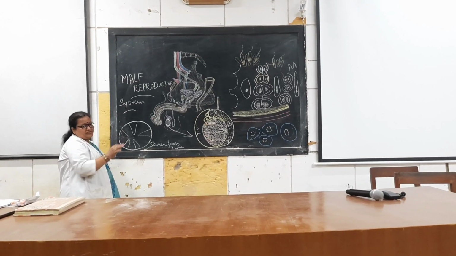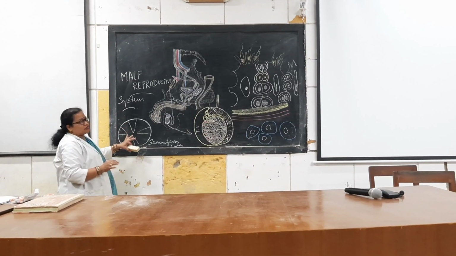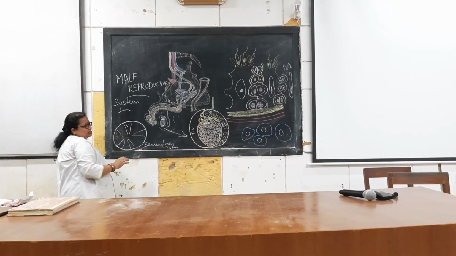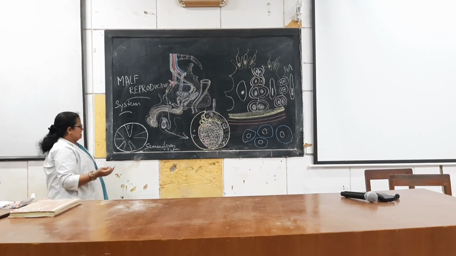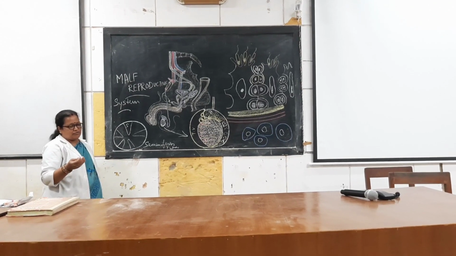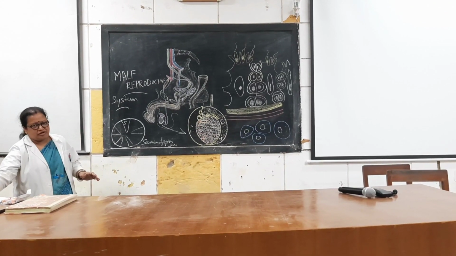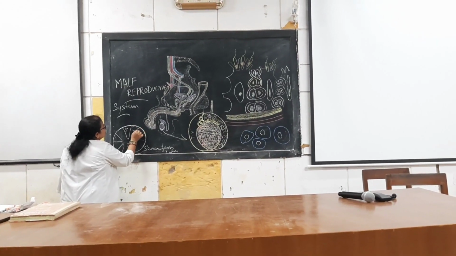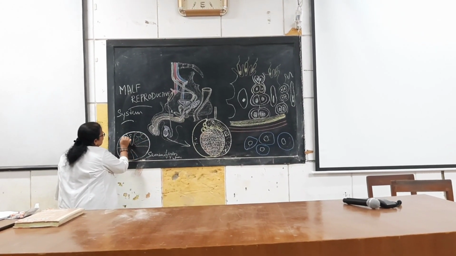So within the seminiferous tubule, we find 2 types of cells. One is the Sertoli cell. These are called sustentacular cells because they provide nutritional support as well as physical support to the spermatogenic cells.